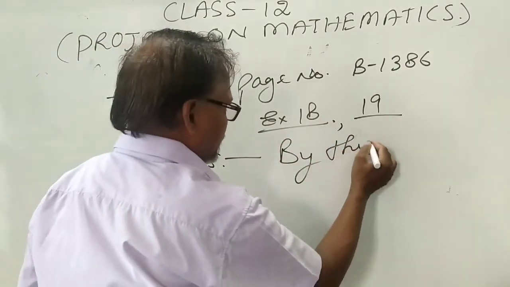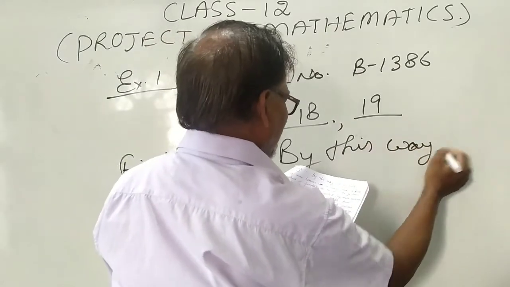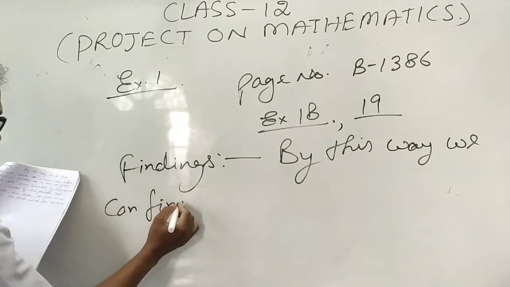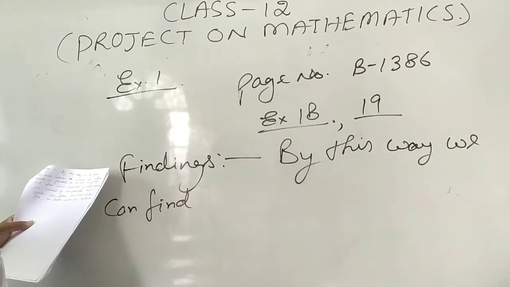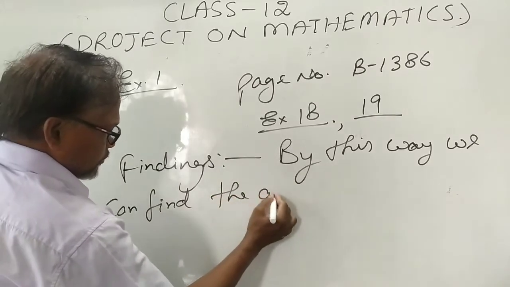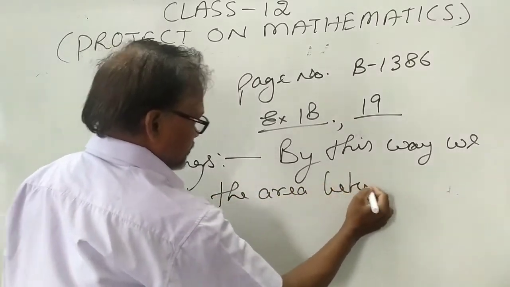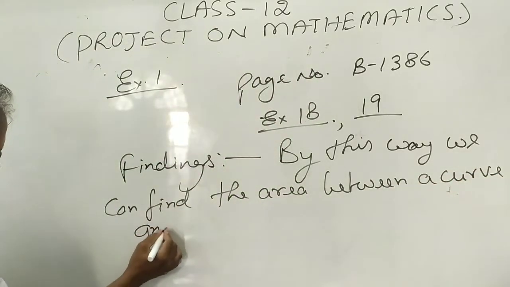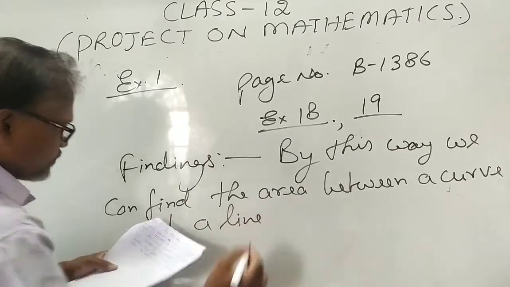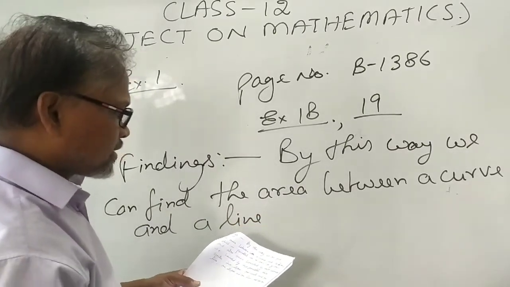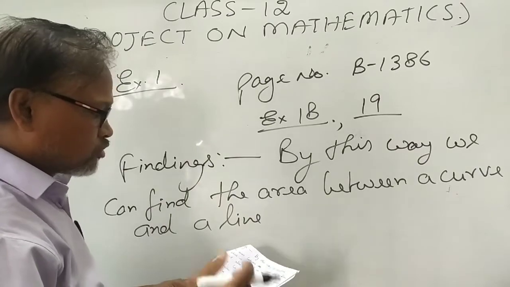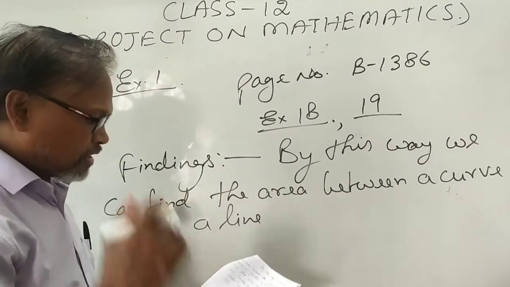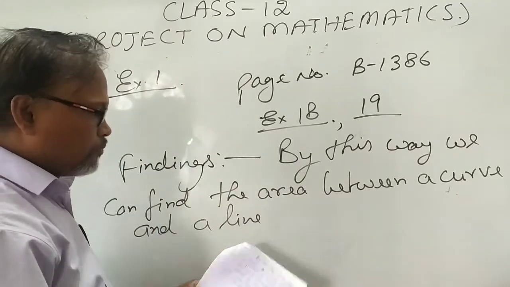By this way, we can find the area between a curve and a line which is parallel to the x-axis or y-axis, वो जरूरी है, and also the area bounded by two curves, bounded by two parabolas, by two circles, by two ellipses, कोई भी.